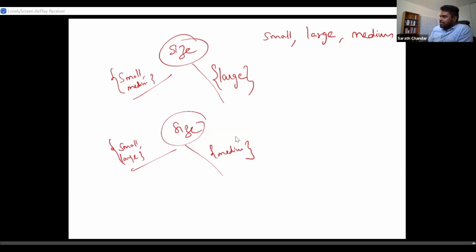One example is if you want to look for out-of-norm sizes, then you might need to put the small and large things together and just the normal ones on the other side. So the main point here is that it really depends on the task at hand. So you cannot decide beforehand which is the best split. In some sense you have to learn which is the best split based on some optimization criteria that we will define shortly. Now this is for discrete attributes, right?